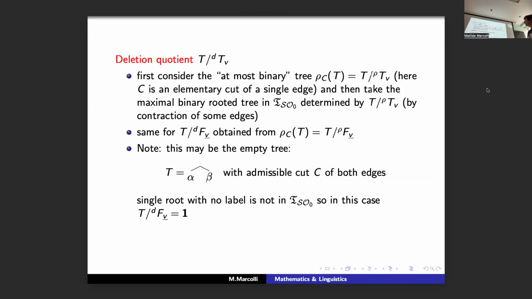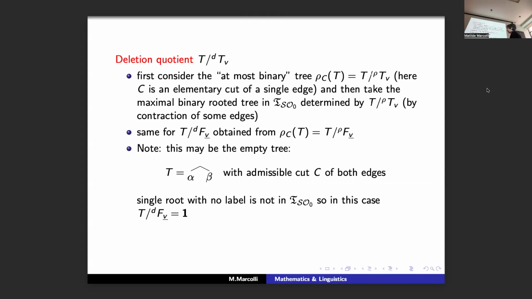So the part that you extract is always just a collection of accessible terms, but now the part that you construct, since you're taking the maximal binary rooted tree with leaves decorated by your set, in degree 0, you can have examples where you don't have anything.